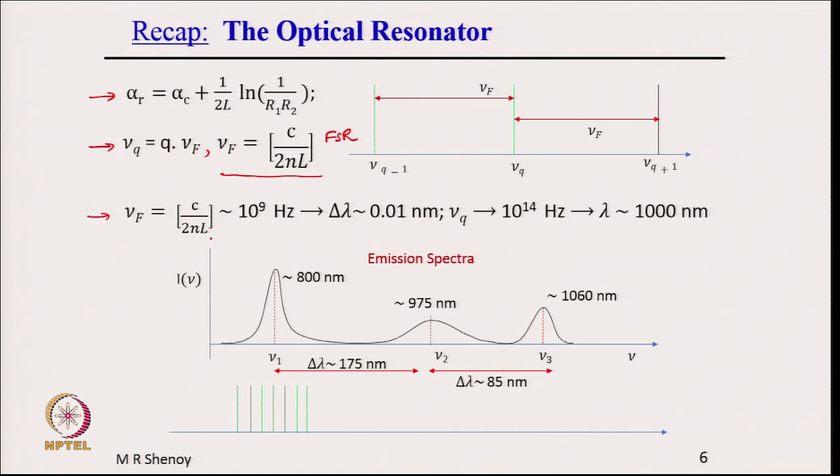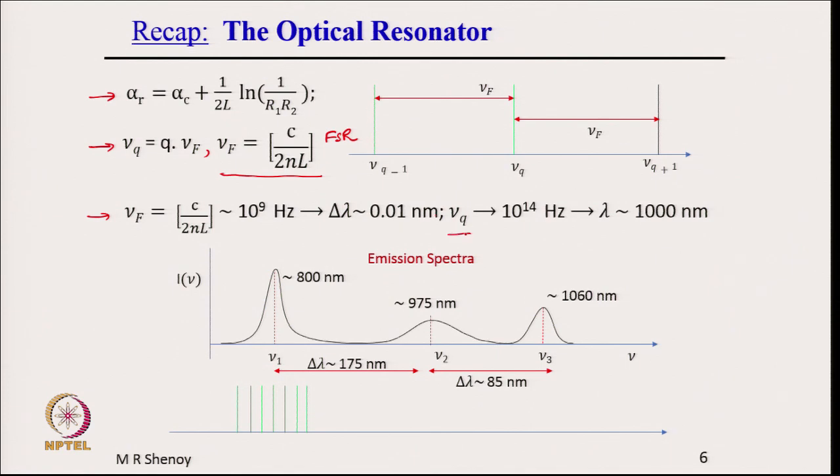Now, let us look at some typical numbers. If you take some typical numbers for the resonator, say L is equal to 15 centimeter and the refractive index equal to 1, then you will see that nu f comes out to be 10 to the power of 9 hertz. The corresponding delta lambda is of the order of 10 to the power of minus 2 nanometer, that is 0.01 nanometer.